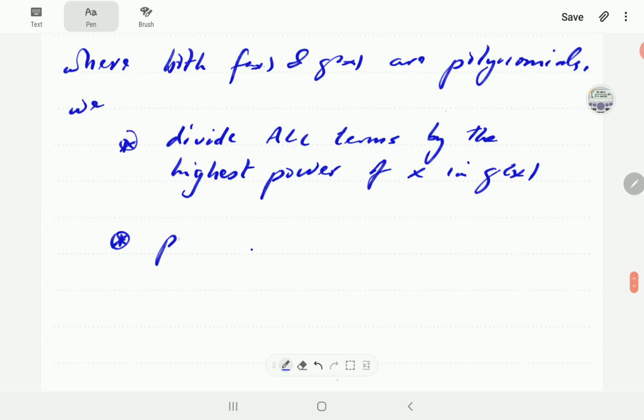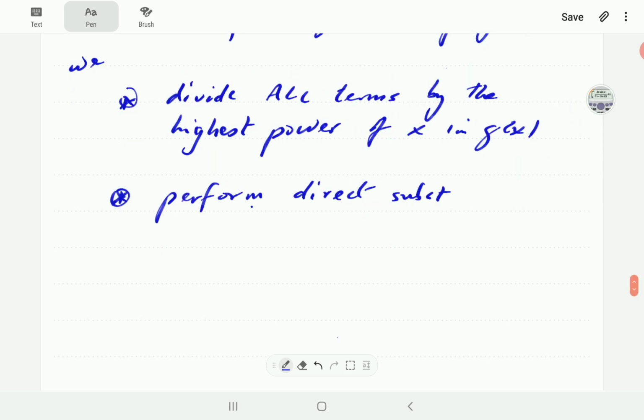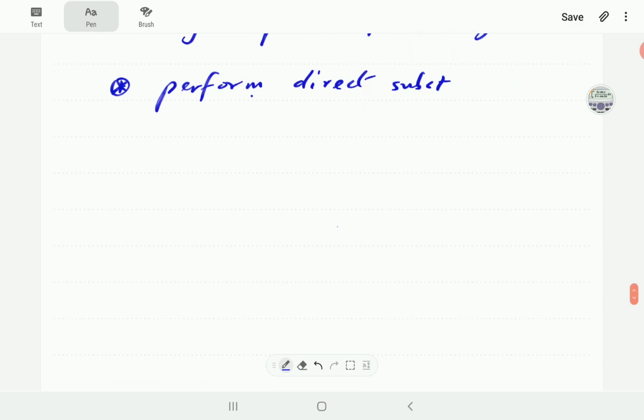Then after we've done that, we simply perform direct substitution. Okay, so that's going to be the one method. The other method involves a dominant balance analysis, which we will show as we go through the examples.